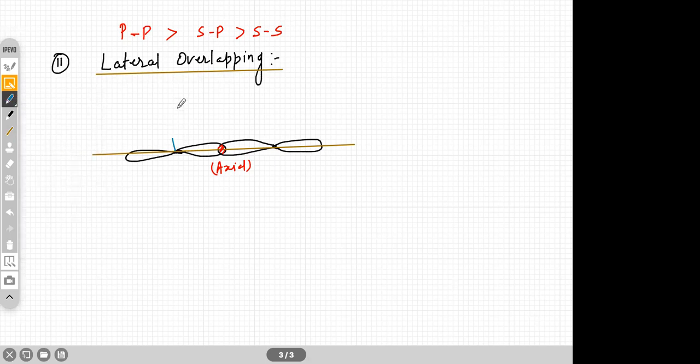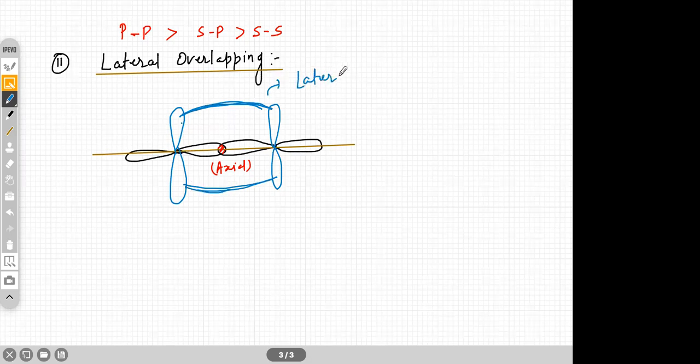I am drawing only one just to make you understand. Since the overlapping takes place along the internuclear axis, when these two orbitals overlap here, this overlap is the lateral overlapping, perpendicular to the internuclear axis. This lateral overlapping forms a pi bond. Did you get it?